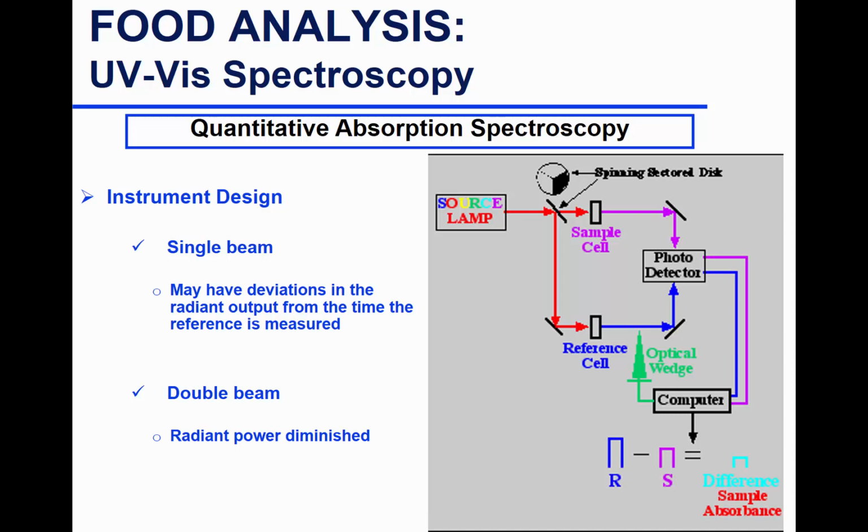So instead of zeroing or subtracting yourself, the instrument does it for you. The only disadvantage is your beam will become dimmer because you are actually splitting it. So the radiant power diminishes, which impacts sensitivity as well.